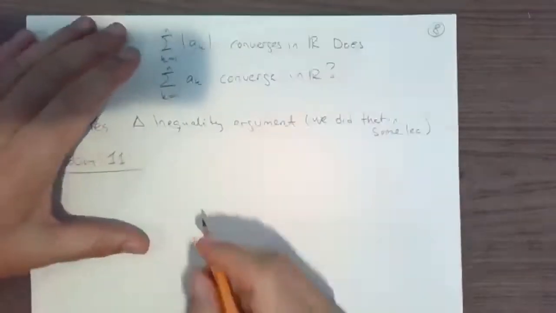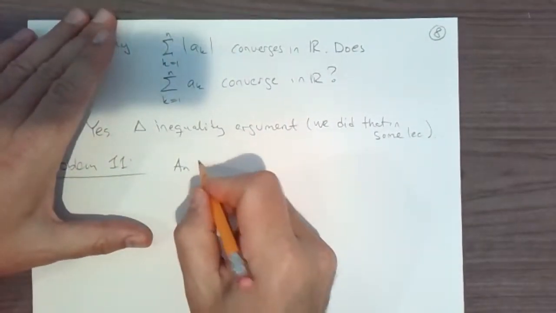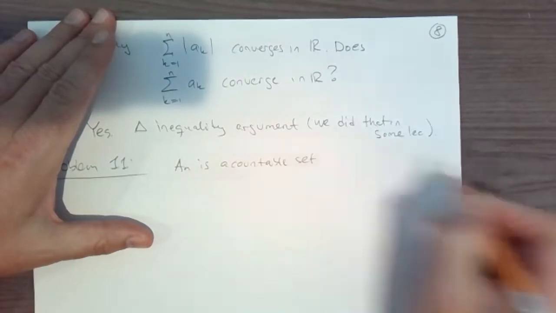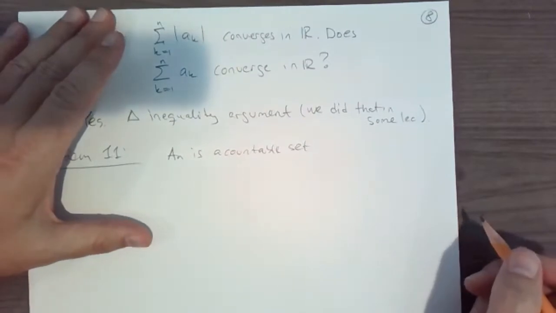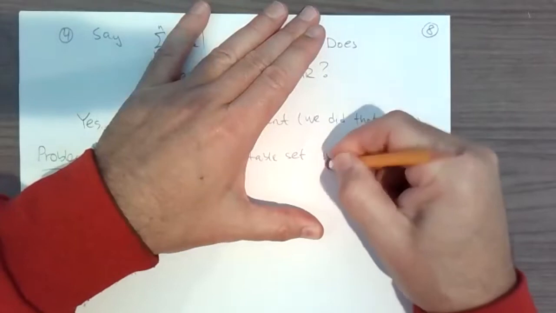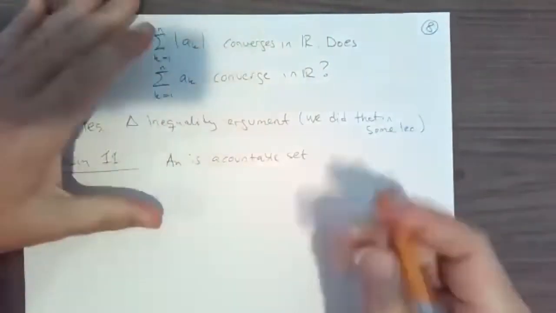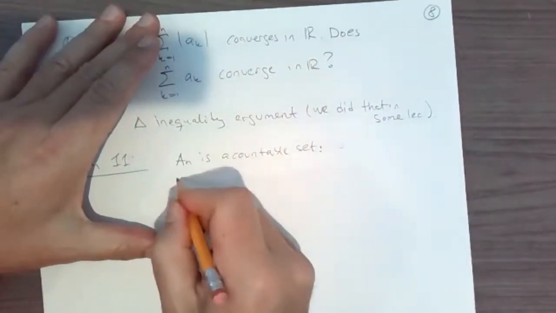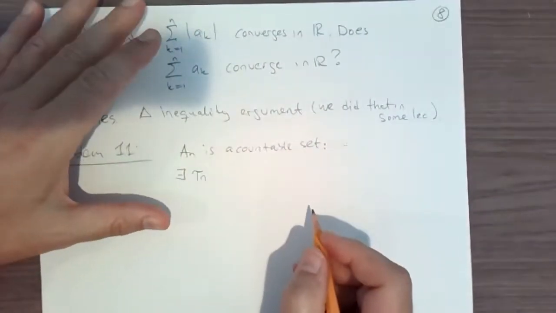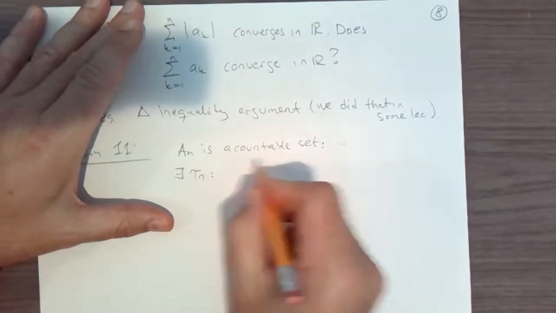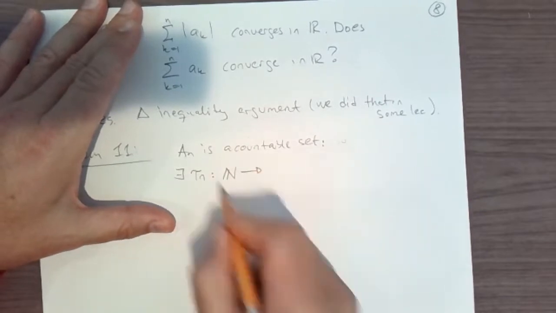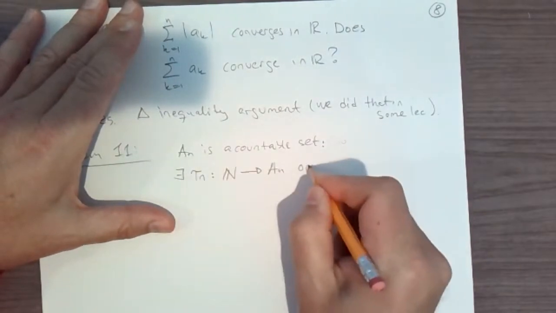So we have countable sets. So A_n is a countable set. What that means is that I can find, I call them in the solution, tau n. Countability means that you can find a function that goes from the natural numbers, takes values in A_n, which is onto.